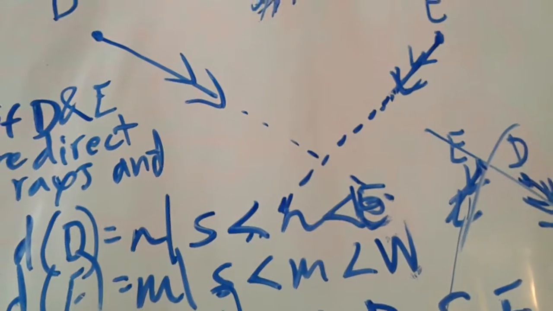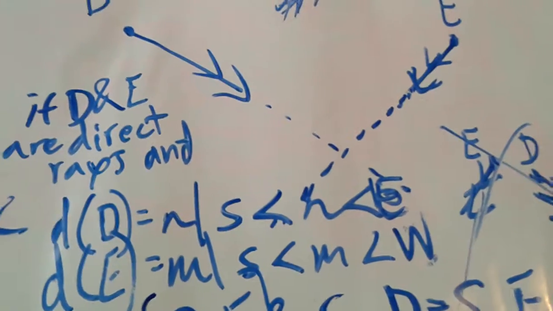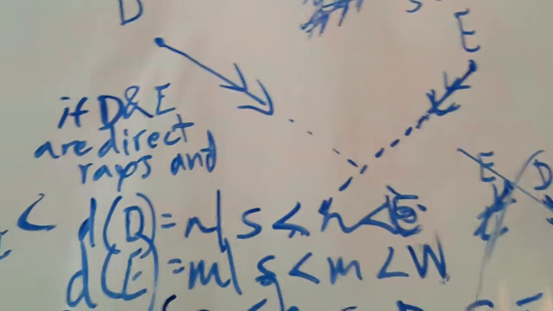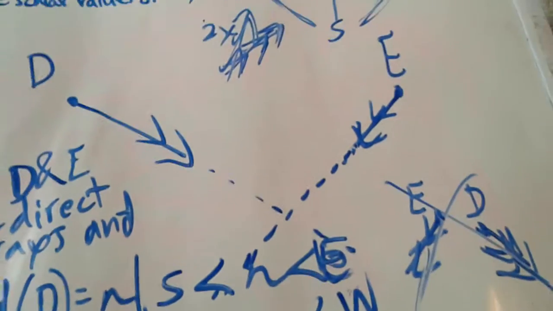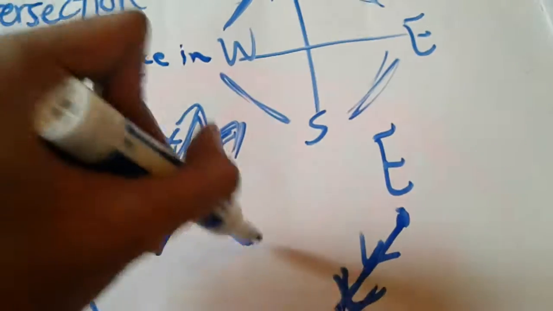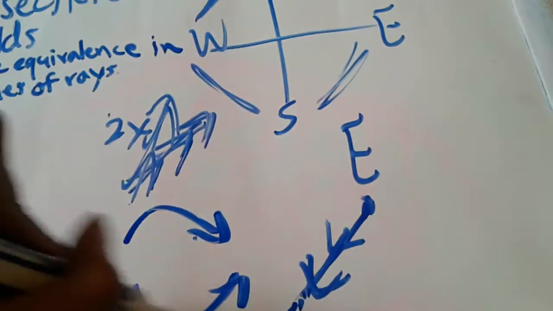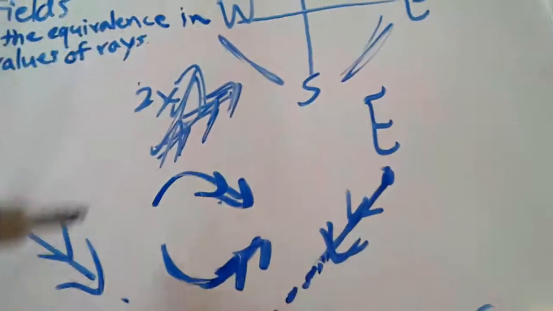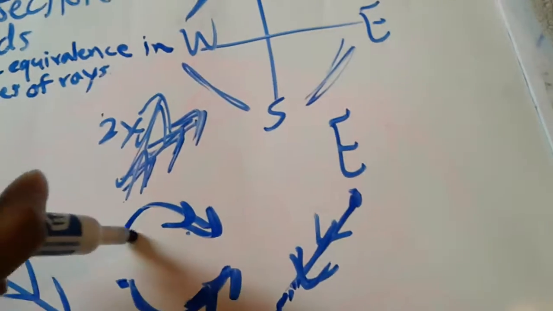Now what's special about fields is that they have their own properties, and it's very fun to draw one and even analyze. And of course, there's more and more things to go on with. So if these two rays are direct, then of course they're going to have an intersection. But how would you talk about their directions?